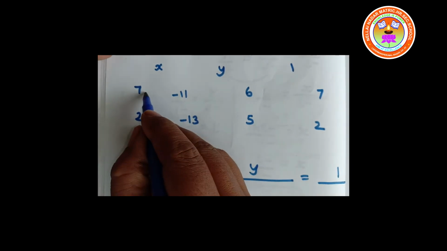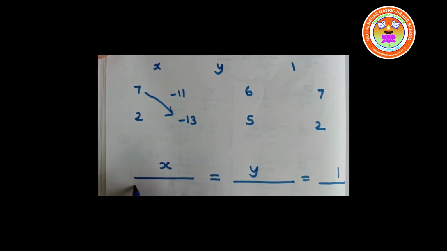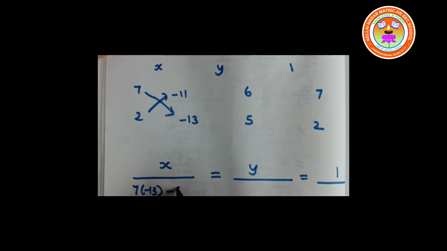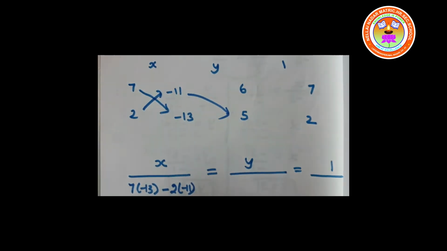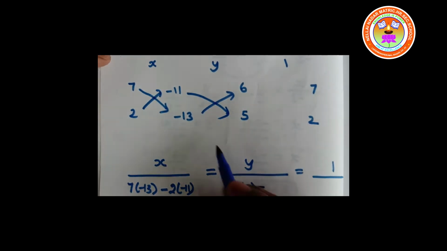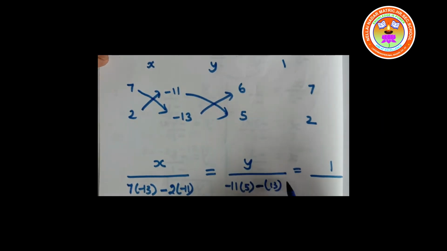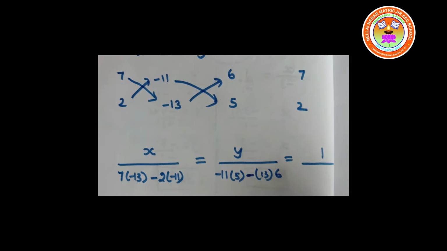Now make the diagonals, plus into minus: 7 into minus 13 minus 2 into minus 11. Next step: minus 11 into 5, make the diagonal, minus the sub-diagonal, minus 13 into 6. Is it clear, children? Next step.